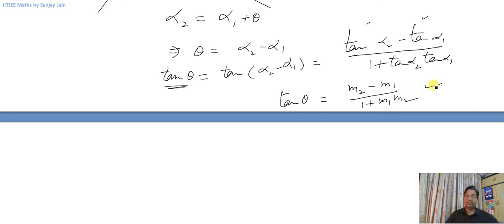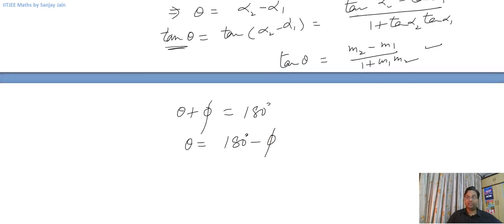So this is the tan of the angle between these two lines, m2 minus m1 divided by 1 plus m1 m2. But for now we have got tan of theta. Let us talk about phi now. We know theta plus phi is equal to 180 degrees. So theta will be equal to 180 minus phi. Now I know about tan of theta.